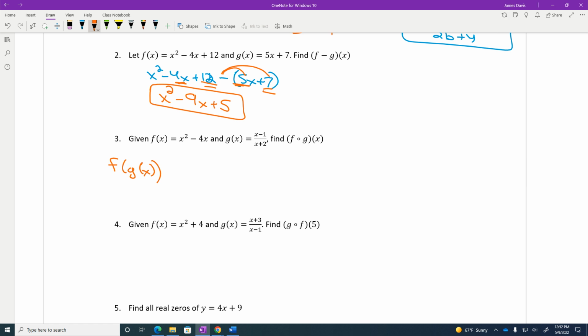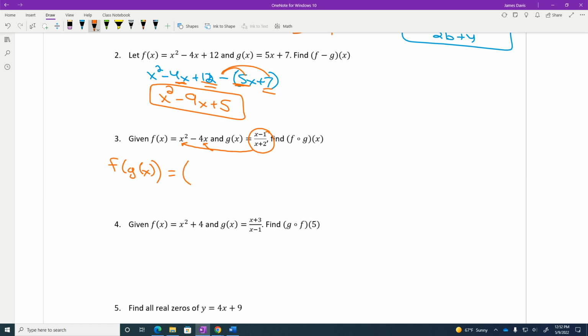So what you do is you take the whole function g and you plug it in wherever you see an x in f. So this actually has 2 places. You're going to replace that x with the whole g function. So it's going to be here where this x is, this whole thing.